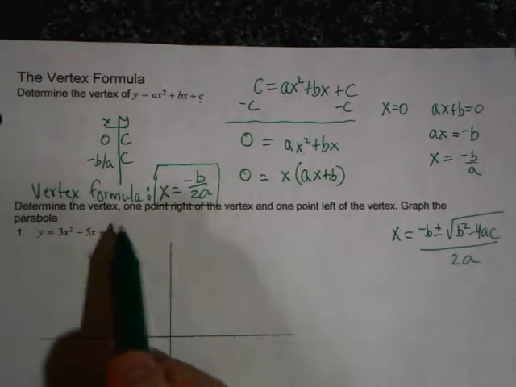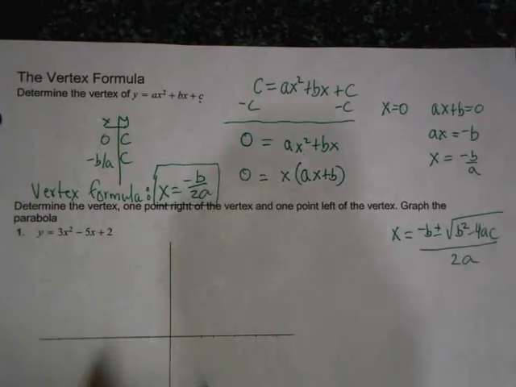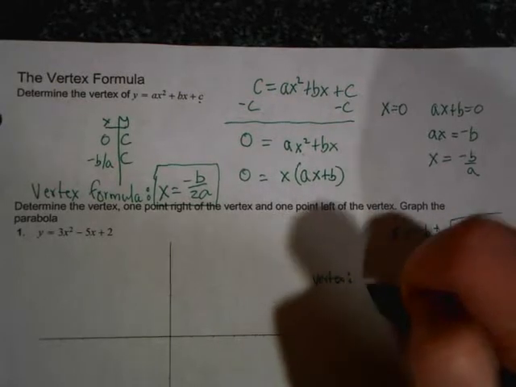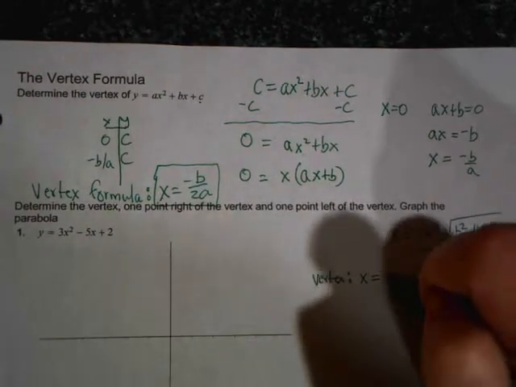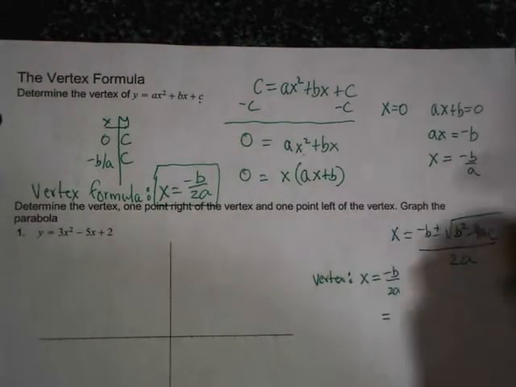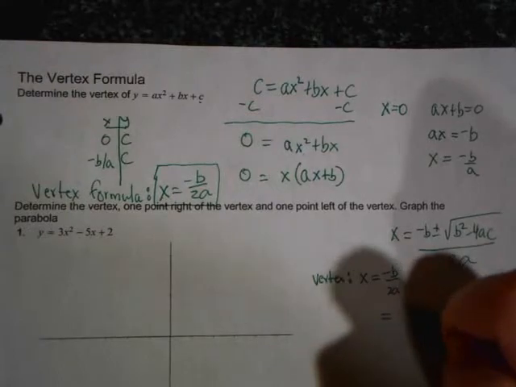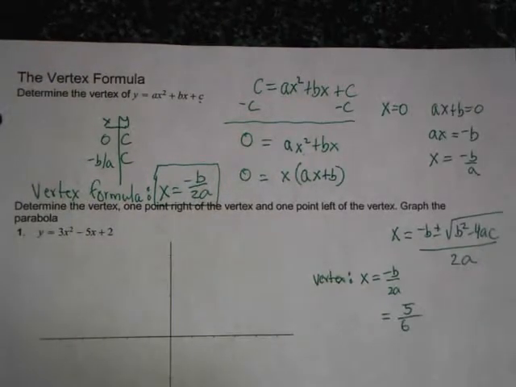Determine the vertex, 1 point right of the vertex and 1 point left of the vertex, and graph the parabola. So to find the vertex, I can jump right to my formula if I want. Of course, you can do it the way we were doing it before. x equals negative b over 2a. That's negative negative 5 is 5, over 2 times 3 is 6. It's 5/6.